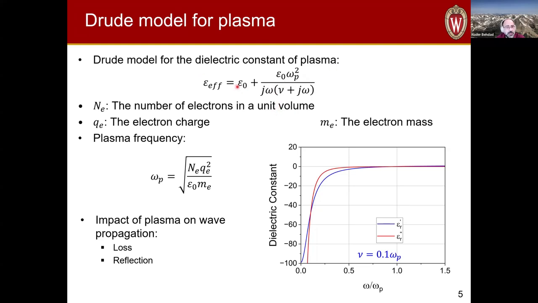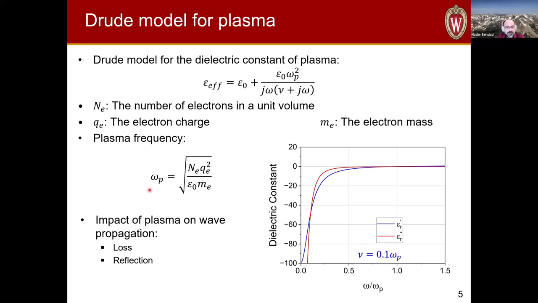So for such a medium, we can define an effective dielectric constant. And for the plasma frequency, there's a closed form formula which relates the number of electrons per unit volume and the charge and mass of these electrons to the plasma frequency.